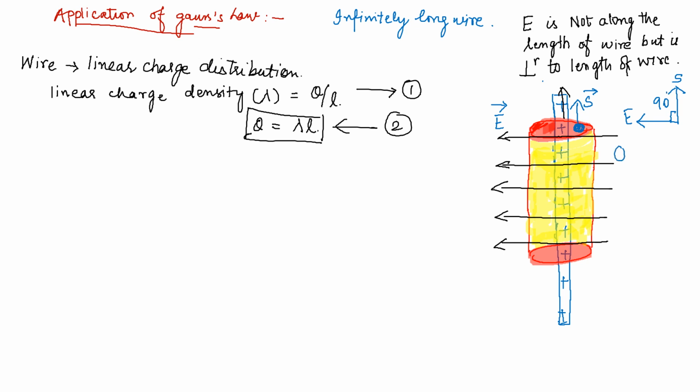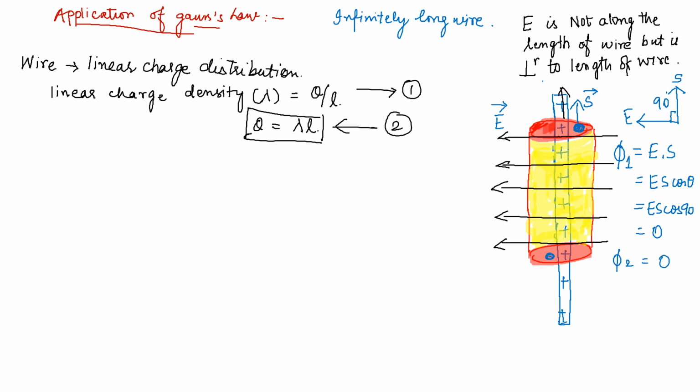So flux at surface 1 equals E dot S equals ES cos theta equals ES cos 90 equals 0. Similar is for surface 2, that is 0.